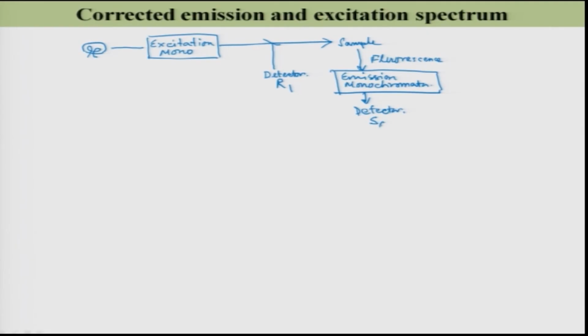We have discussed that the total response of this emission monochromator and the detector together is, let us say, S lambda, the sensitivity, and so you will have a correction file for that.